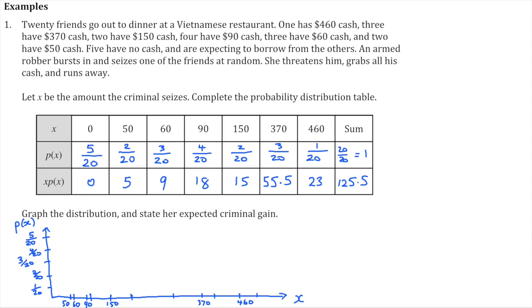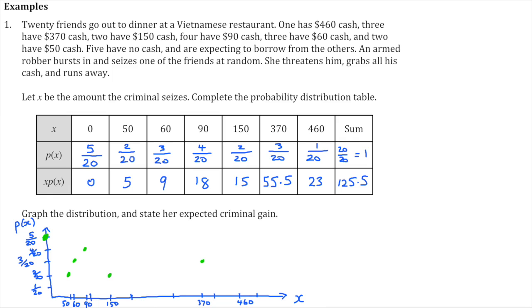It says graph it. Well, there's my set of scales. Let's graph it. $0 happens 5 out of 20 times. $50 happens 2 out of 20 times. $60, 3 out of 20 times. $90, 4 out of 20 times. $150, 2 out of 20 times. $370, 3 out of 20 times.